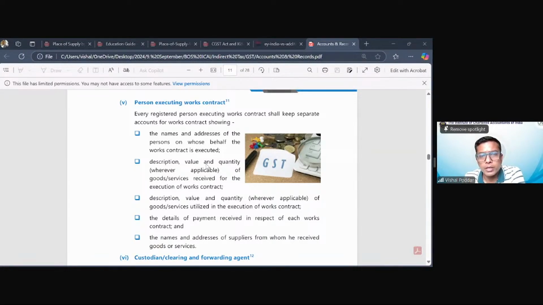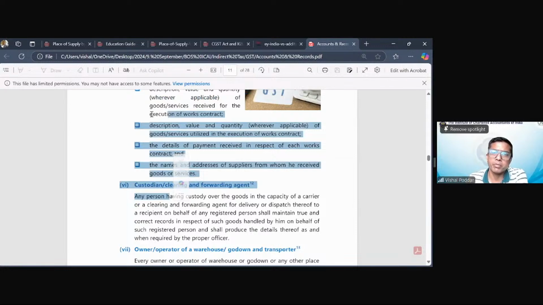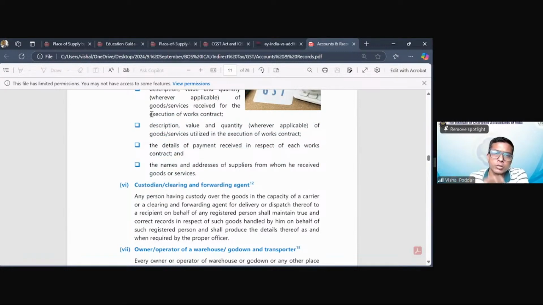Then description, value, quantity of goods, services received for executing the works contract. So whatever inputs you are using, like generally cement, steel, all these things. So a quantity. Again, why? To establish the input output ratio, that if you are showing you have used so much of cement and steel, from this, how many kilometers of road generally can be constructed?